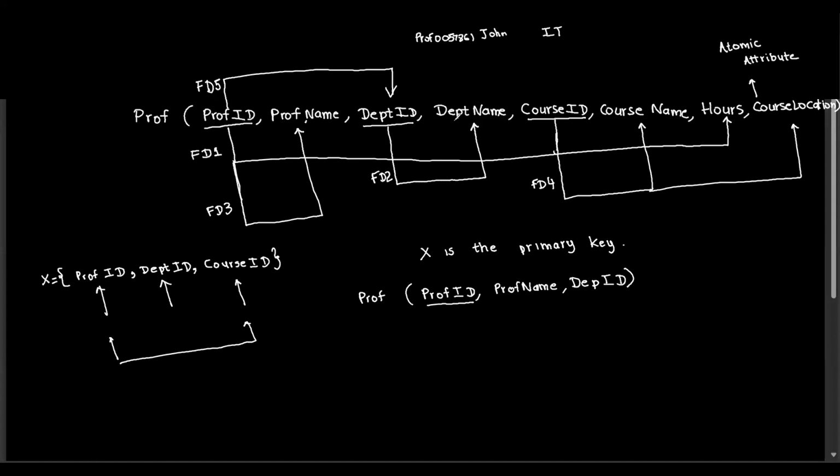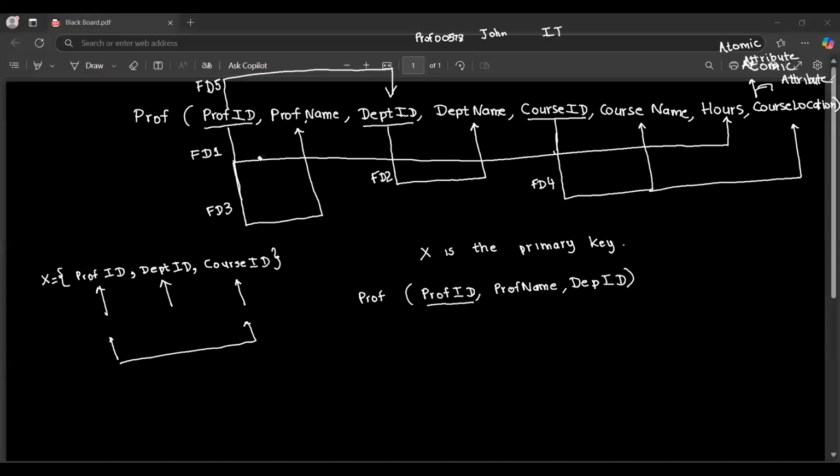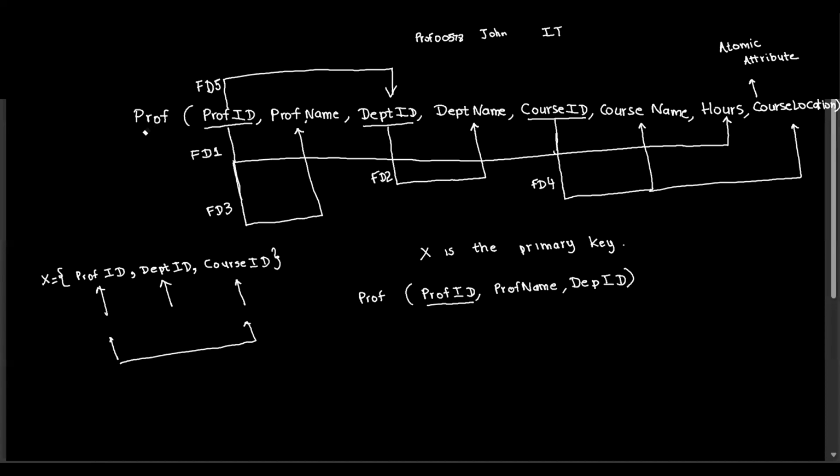Let's say that is 578. Professor ID 578 is John's ID, and that determines which department he works in. So we can include that in one relation. Then I will have the department relation, where I will have department ID as well as department name.